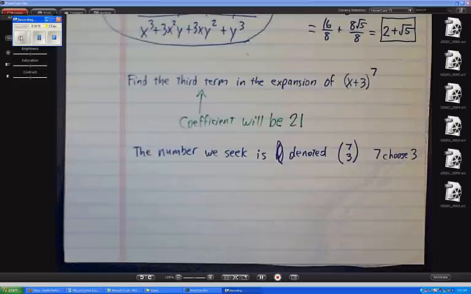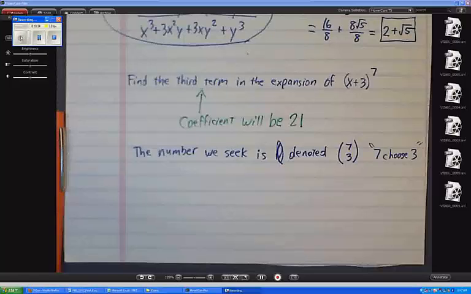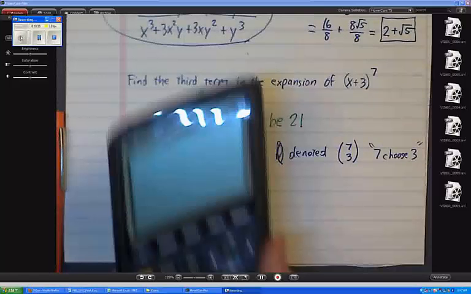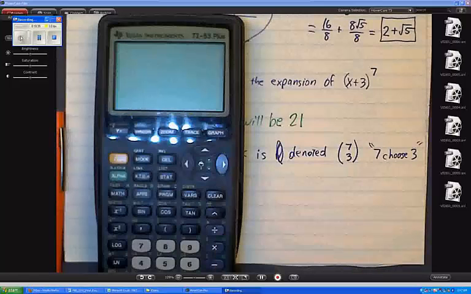Choose 3. And they give you a formula for it in the book with the factorials. I don't have the time for that today. But I do have the time to show you how to get it on the calculator, which is a nice tool to know about.